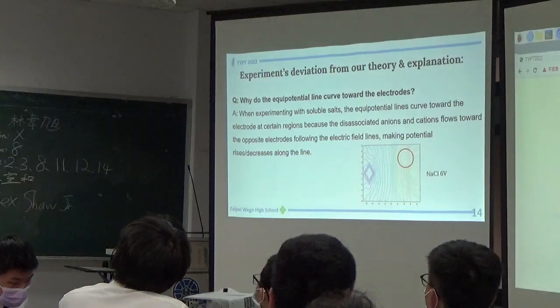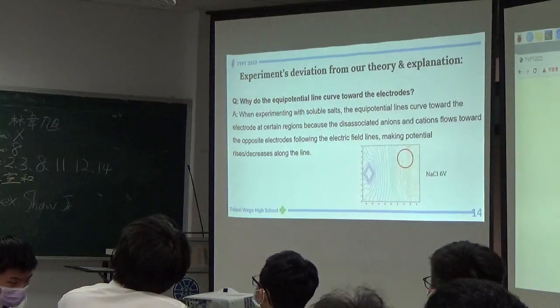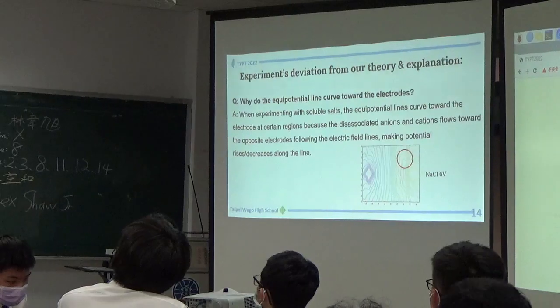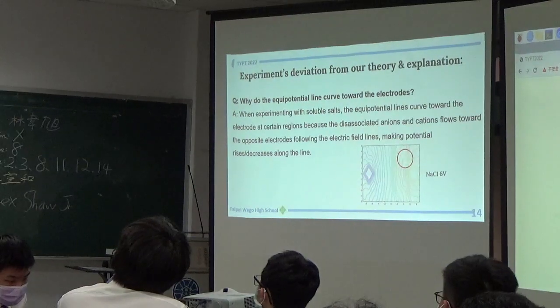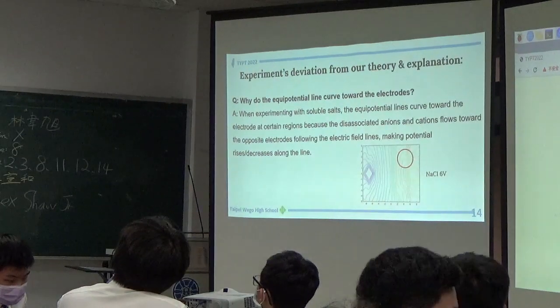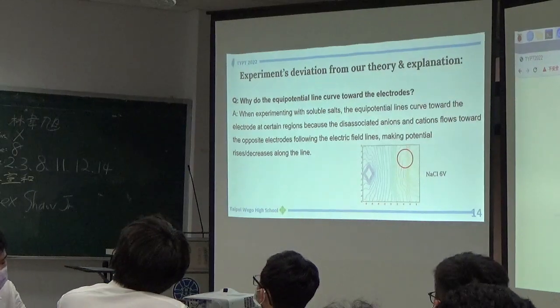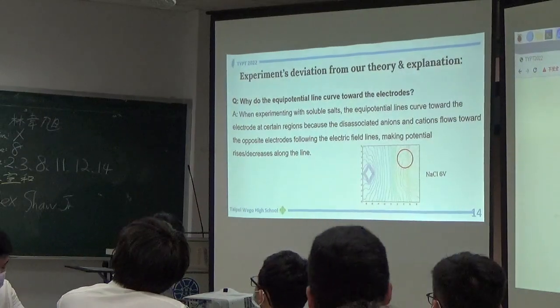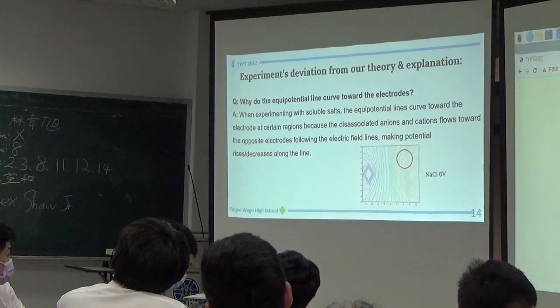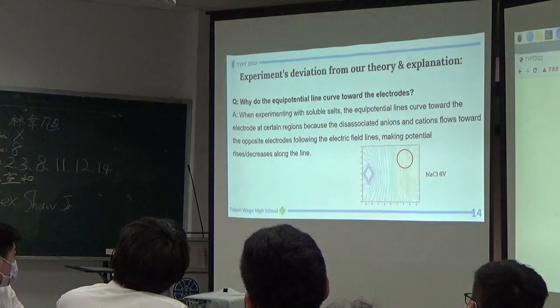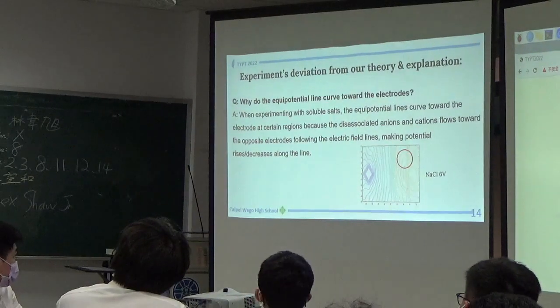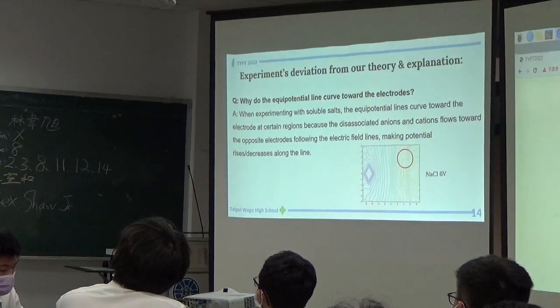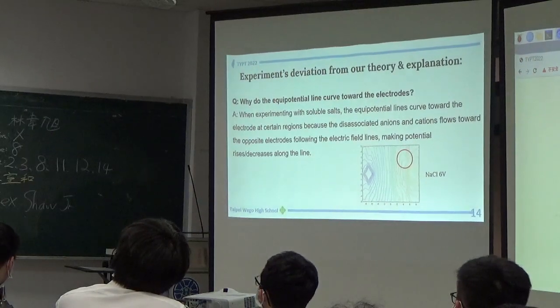So let's assume that potassium cations and sodium anions are present in the solution. When the voltage is being applied, the anions will flow towards the positive electrode, and the cations will flow toward the negative electrode. They will follow the electric field lines as they flow to the electrodes.